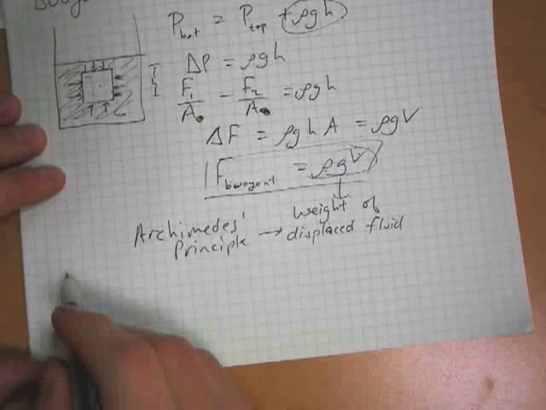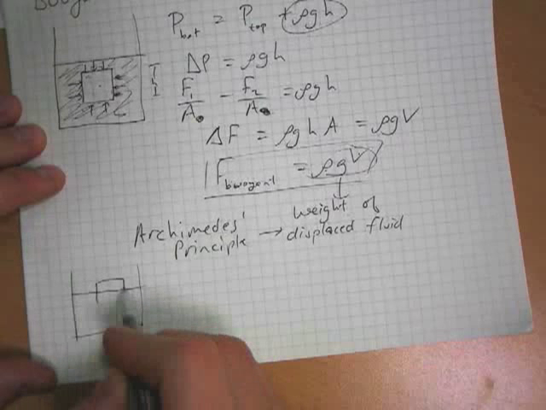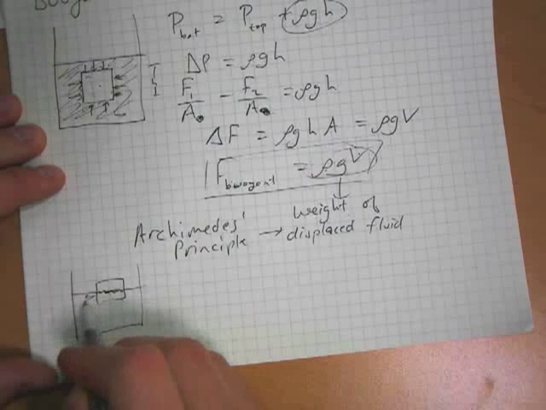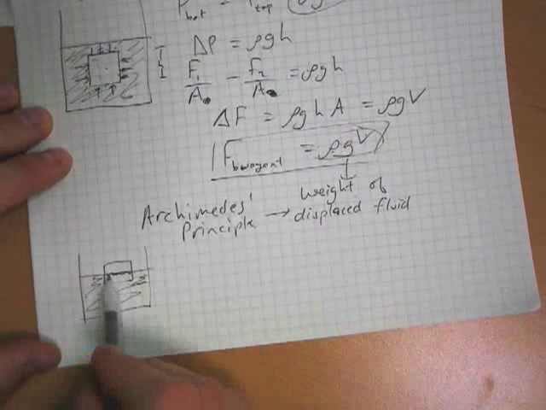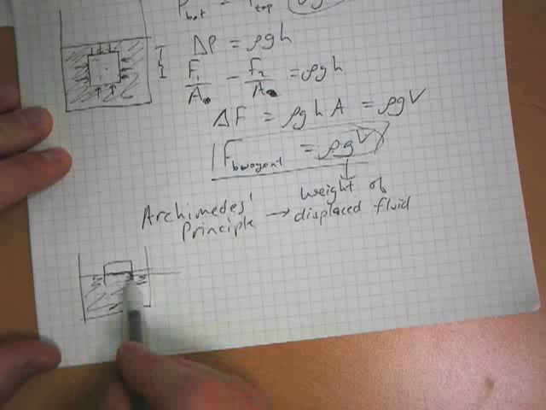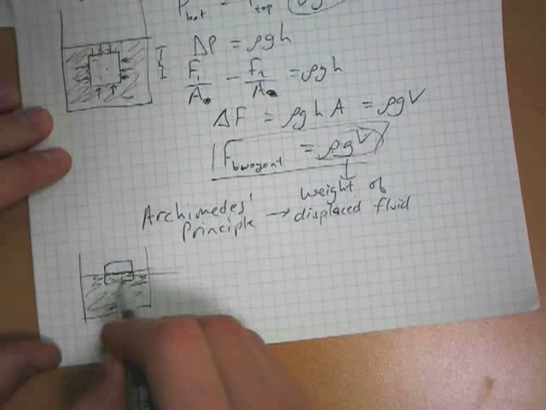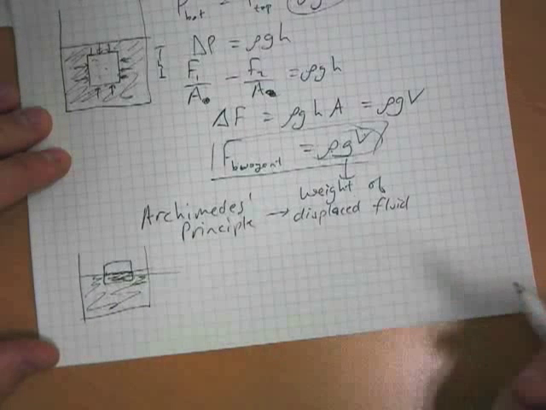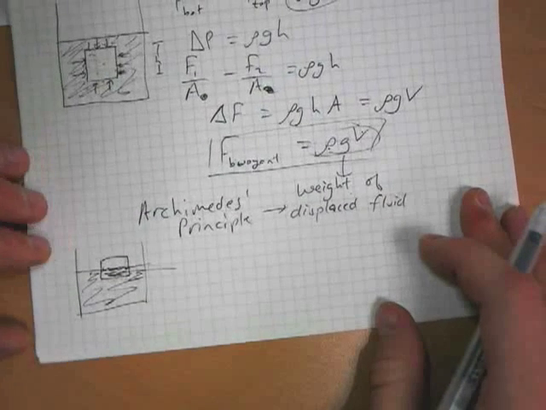If an object is floating in the water, then the buoyant force acting on this object is equal to the weight of the displaced fluid, which will not be related to the total volume of the object, but the fraction of the volume that is submerged. So that always applies.